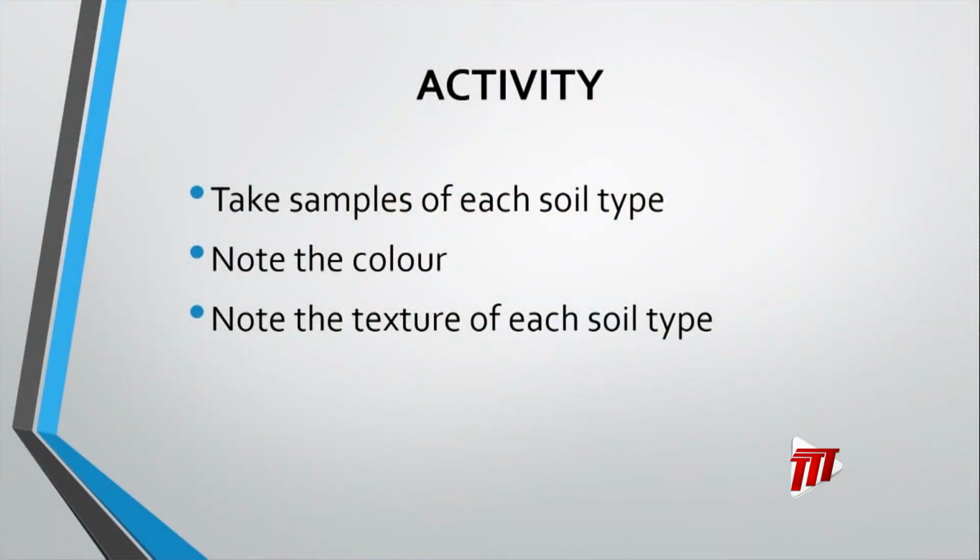When we looked at the sample, we looked at the color, texture, and sometimes, depending on how much bacteria or organic material, broken down or decomposed material, you could actually get a scent out of it, like manure. So the soil types have properties that are different from each other, and it's quite easy to observe them.